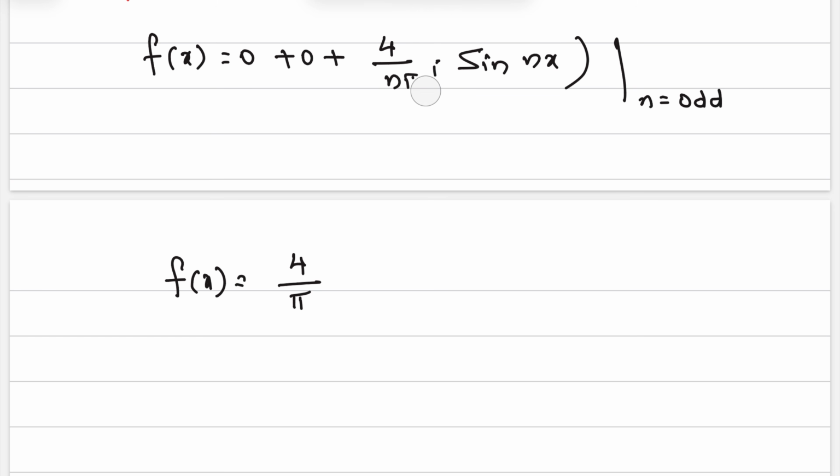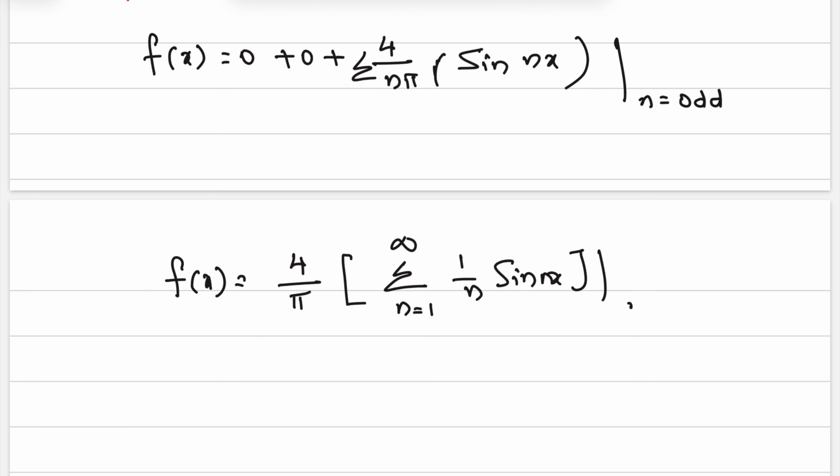Sigma we should not write here. We should write here. 4 by pi is a constant. We will take it out. And sigma n is equal to 1 to infinity 1 by n into sin nx provided n is equal to odd.